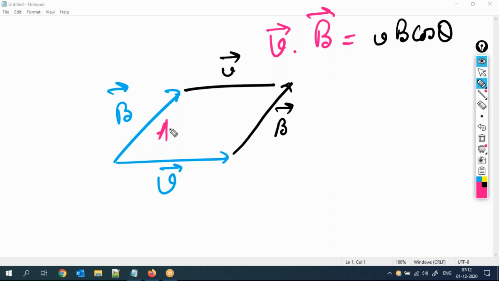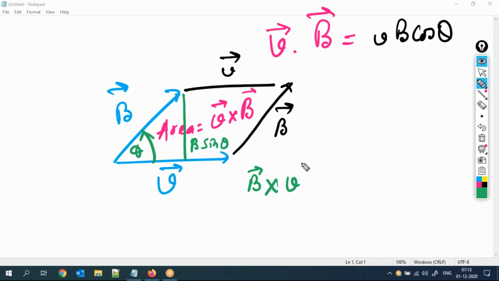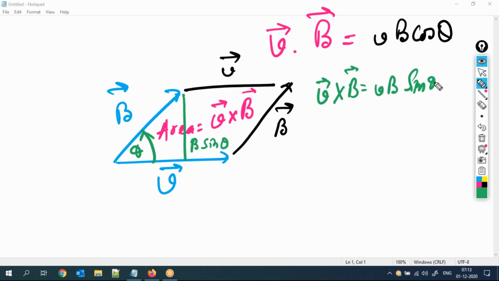And this area is called V cross B. As we know, if the angle between V and B is theta, this will be V B sin theta, right? So V cross B equals V B sin theta. And this has direction.